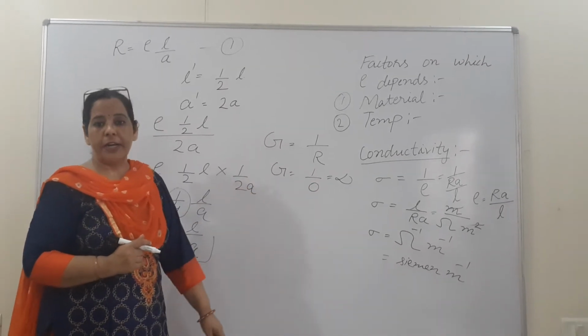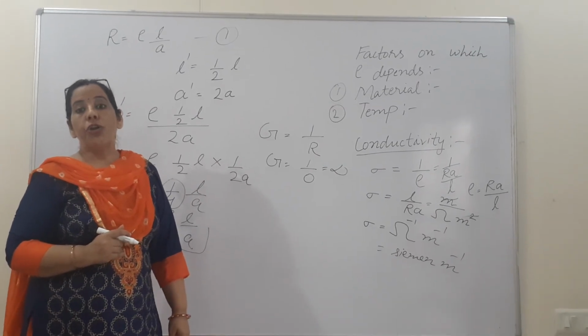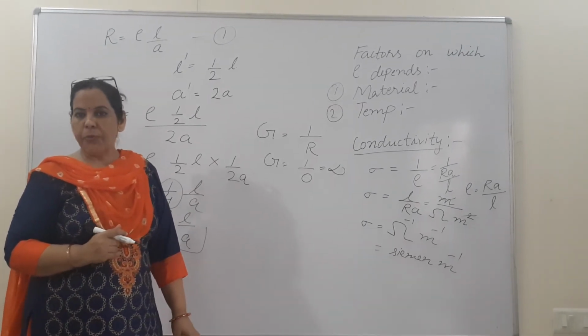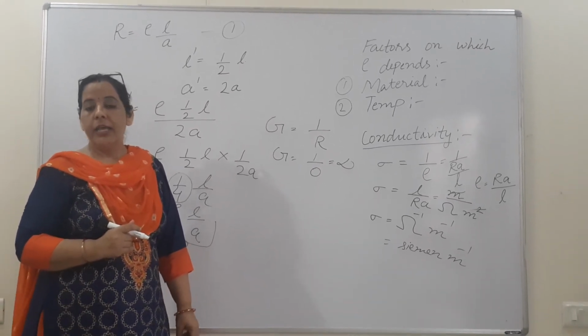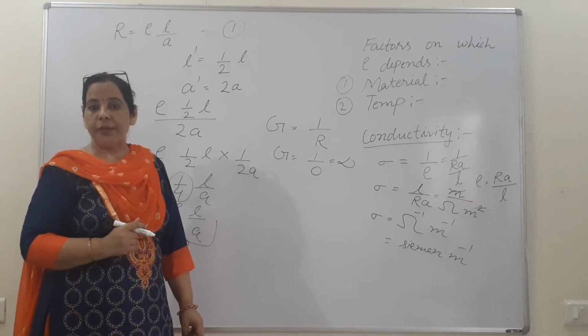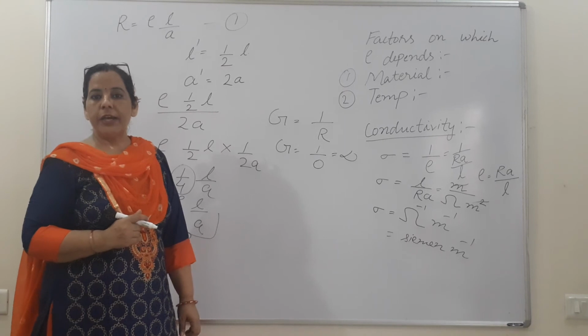And in superconductors, once current starts flowing, it will continue to flow whether potential difference is there or not. Otherwise, for the flow of current there must be potential difference. Maintenance of potential difference should be there, then only current will flow.